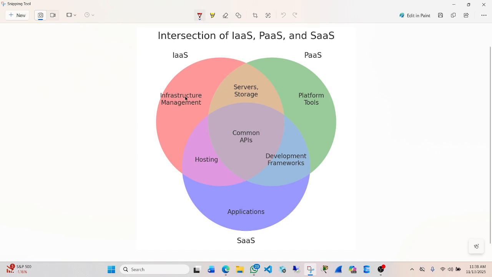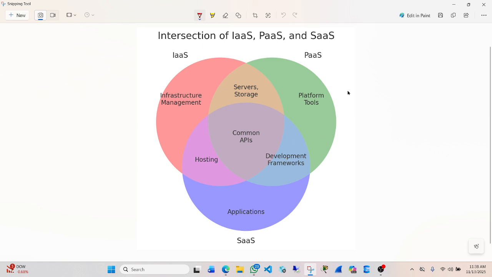We can begin with infrastructure as a service, hosting, common API, servers and storage, platform tools, development framework, and application.